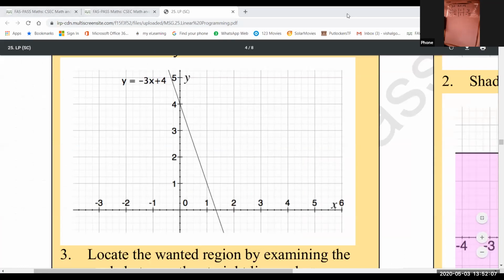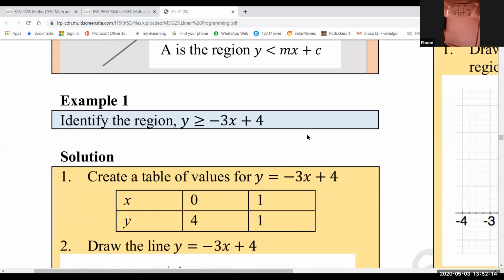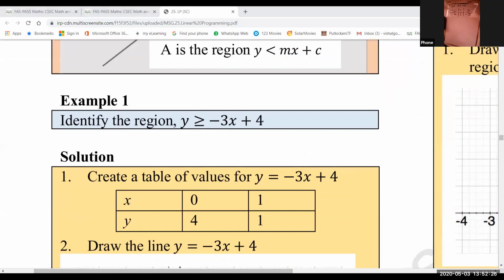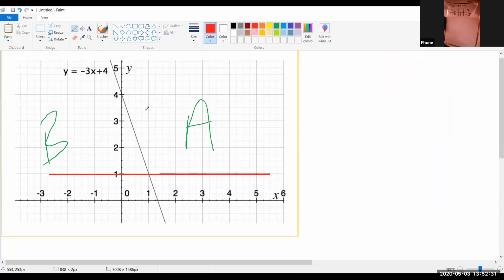Okay, no problem. To satisfy the inequality, correct. As you can see here, the inequality tells us that y is greater than, so we know we're looking at the greater than region. That's why we are selecting this region here, A, the greater than region.